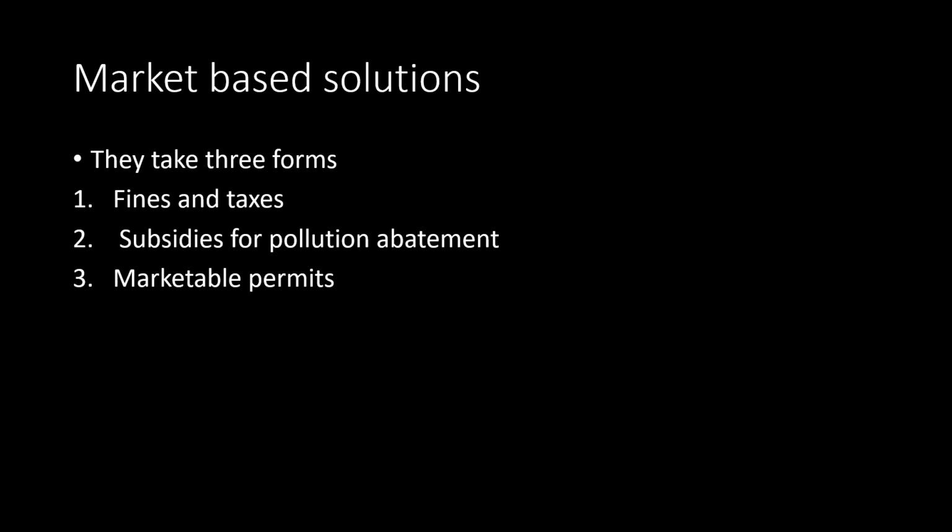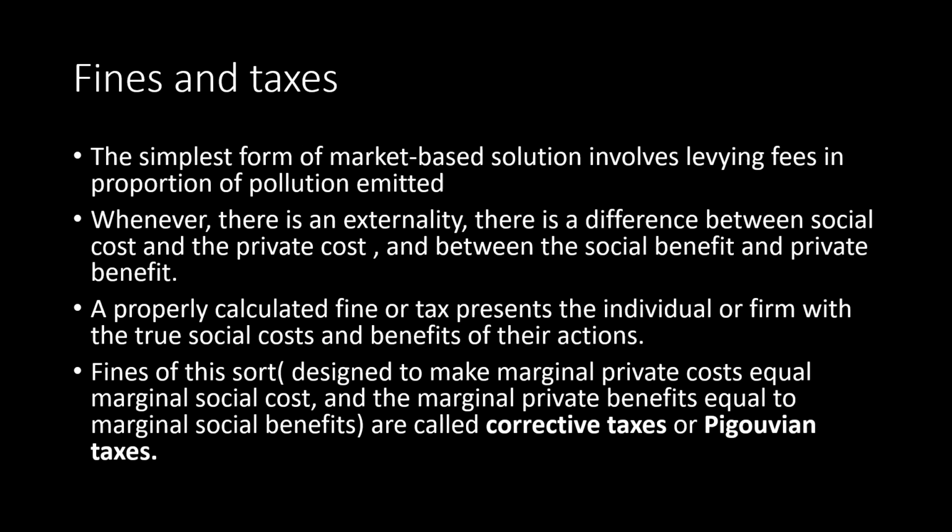Market-based solutions take three forms: fines and taxes, subsidies for pollution abatement, and marketable permits. Fines and taxes. The simplest form of market-based solution involves levying fees in proportion to the pollution emitted. Whenever there is an externality, there is a difference between social costs and private costs, and between social benefit and private benefit.